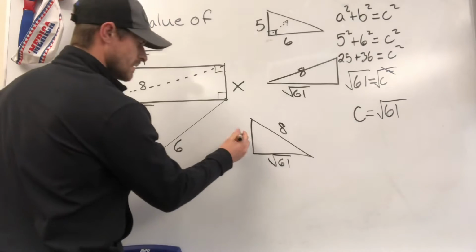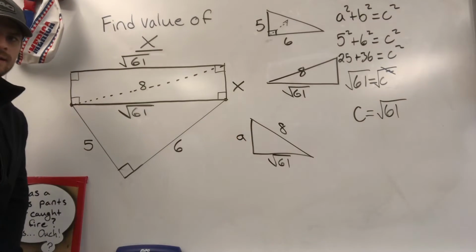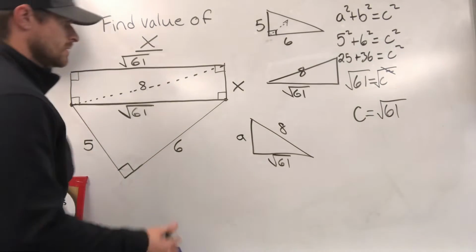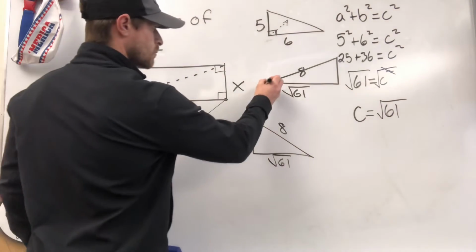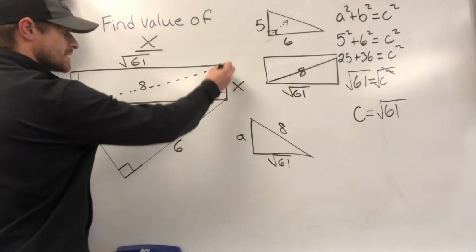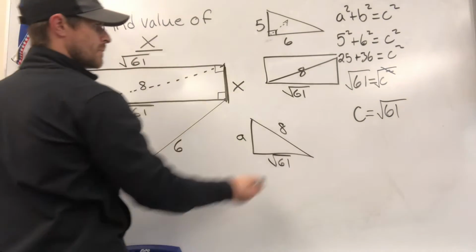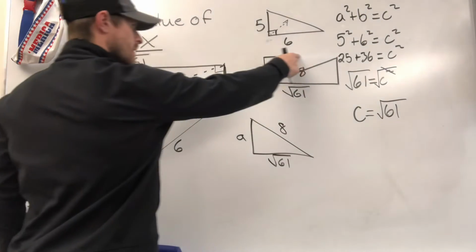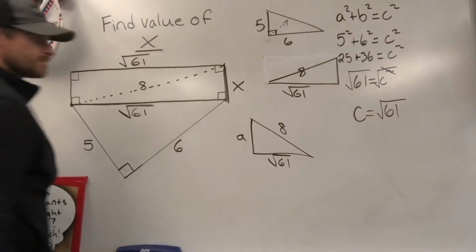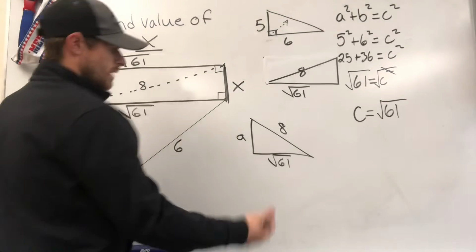I'm missing one of my legs. I'm just showing you one of the triangles. We can find this side length right here by just figuring out what the missing part is. All right, how do I do that?